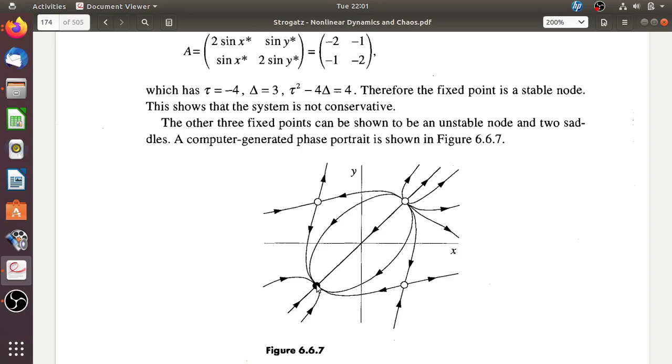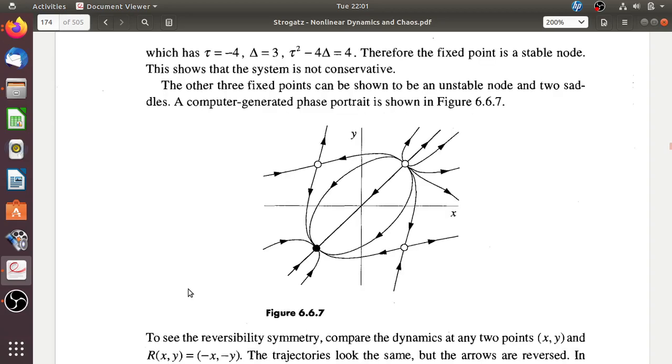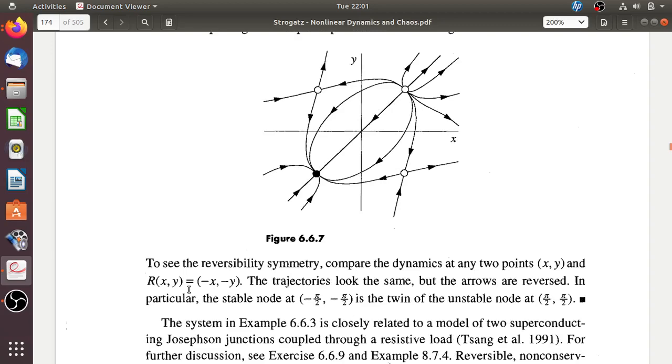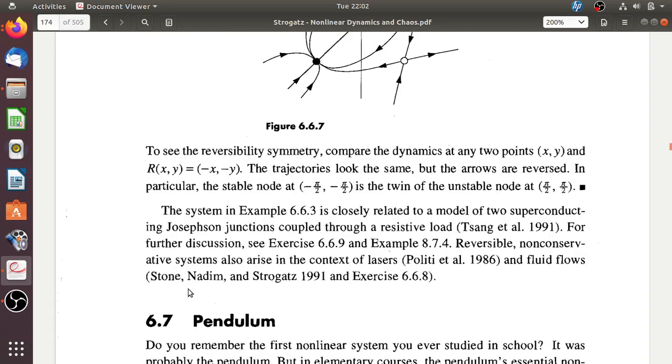So that's the phase portrait, and by knowing half of the phase portrait, we can capture the remaining half. Okay, so that's about that example, and in the following video we'll see some physical applications. Okay, thank you.